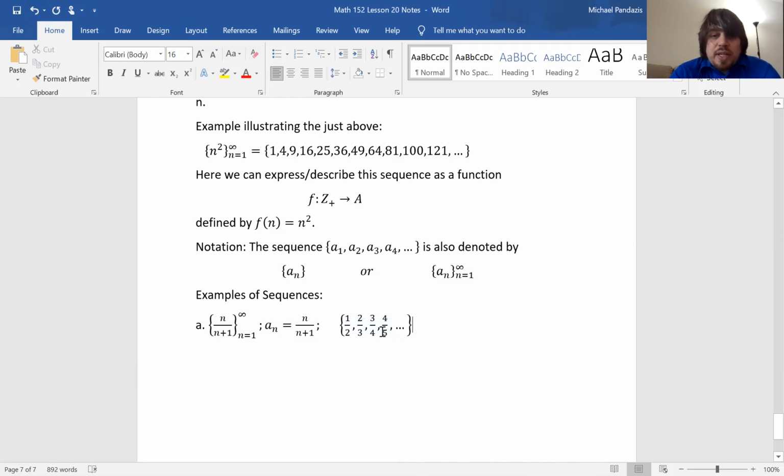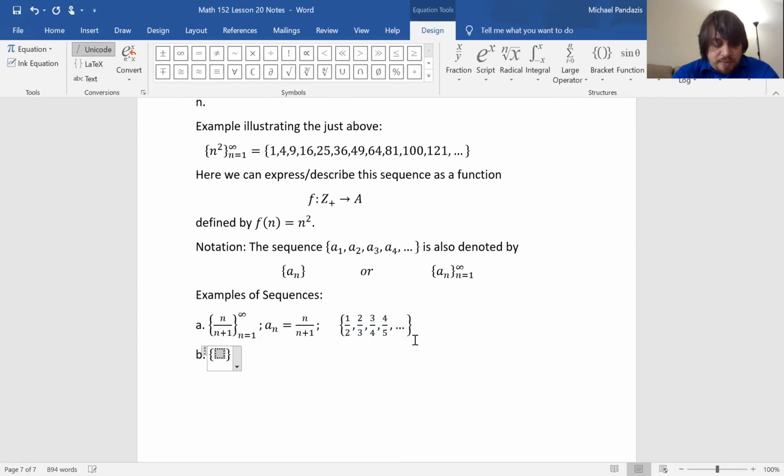Okay, so here I'm using the bracket notation to write the list, and then here I'm using the new notation that I just described. So that's an example of a sequence. Another example of a sequence using the notation that's better to use is this one: negative 1 to the n times n plus 1, divided by 3 to the n.